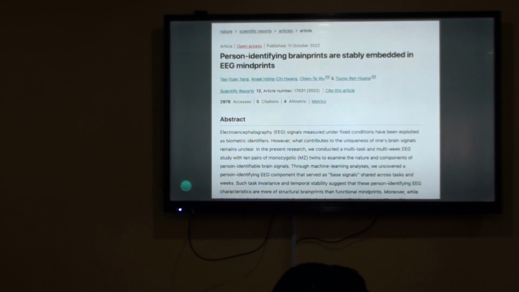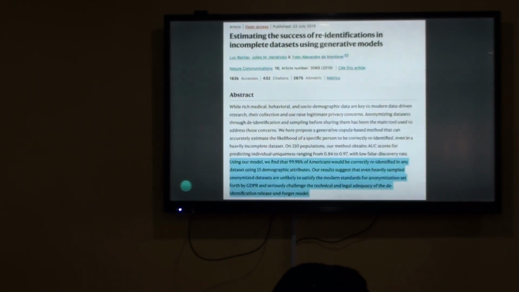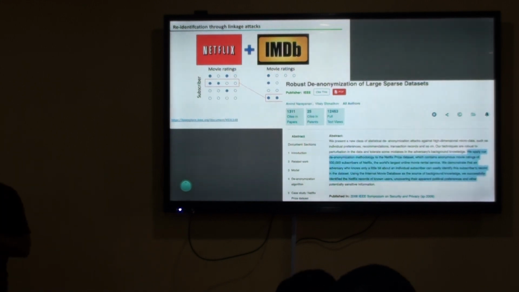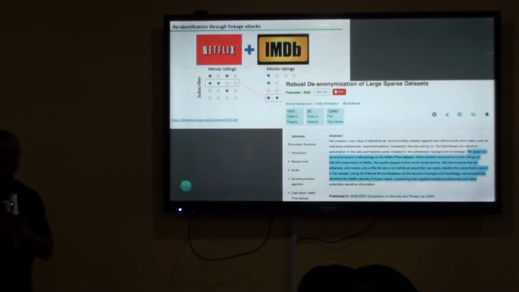There are so many studies in terms of re-identifiability of EEG data. This is an example of how easy it is to re-identify anything, right? In this study, they actually used, who knows what this is? This image here. Have you ever seen that before?